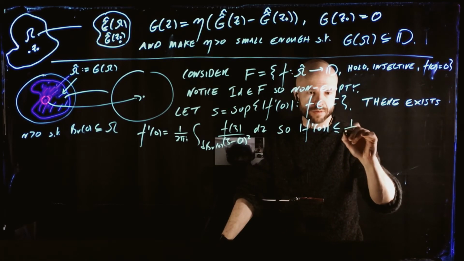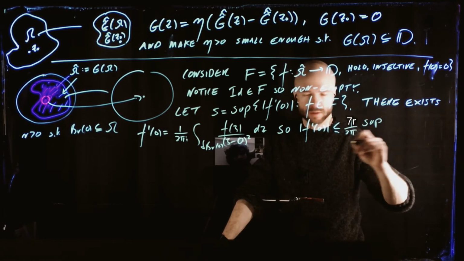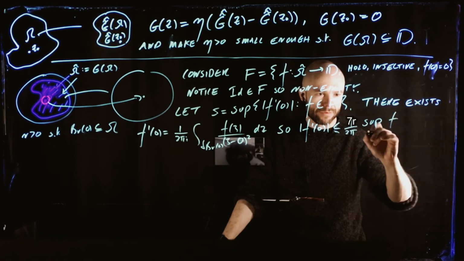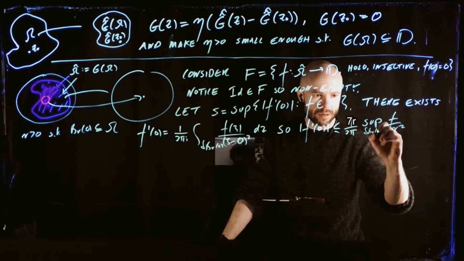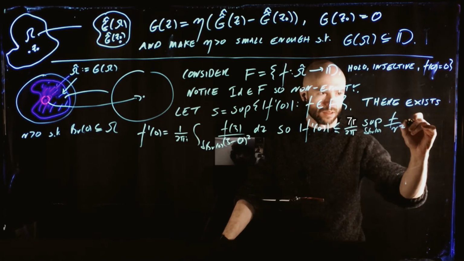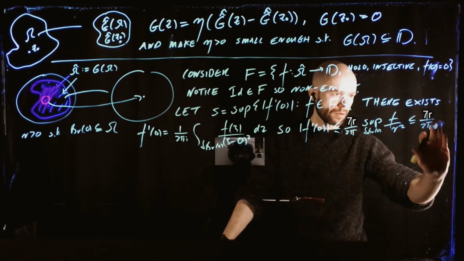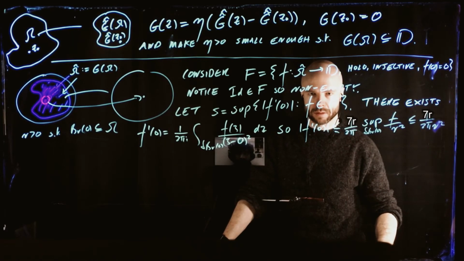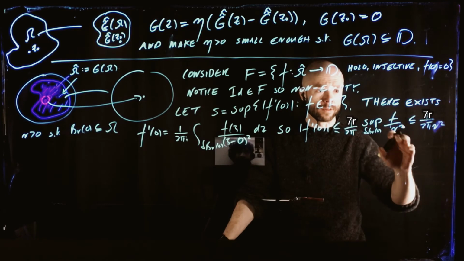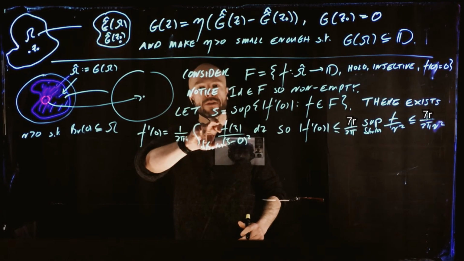This is less than 1 over 2 pi, the supremum of f over r squared on this boundary, and that is less than 1 over 2 pi r squared because this function is bounded. Everybody happy? So this is a universal bound. It doesn't depend on f because f is in this family. So this is a finite number.